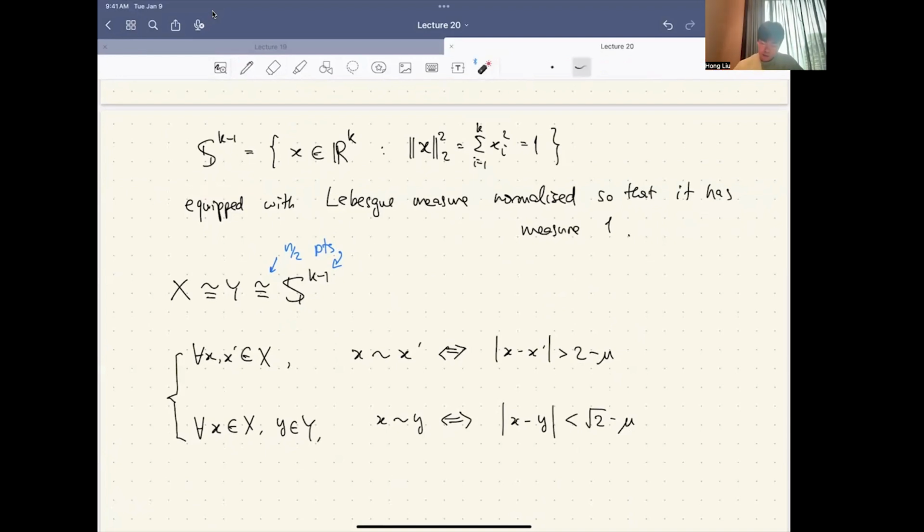This radius is 1, right? Let me check. Xi minus xi prime, if this is like 2 times xi, so sum of this square is, sum of xi square is 4. So that means 4, yes. Okay, good.